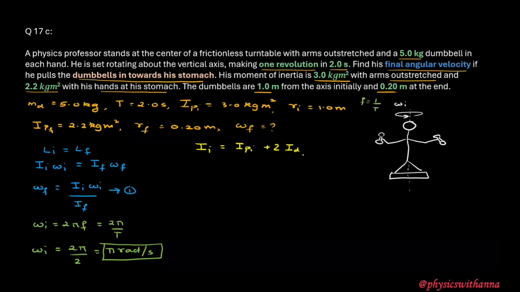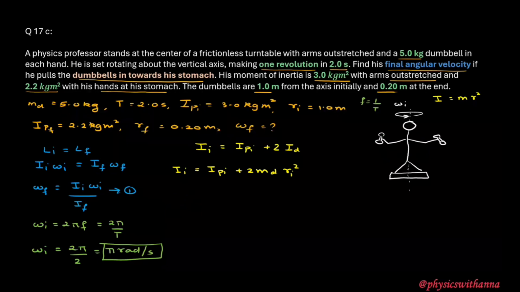Then how do we calculate the moment of inertia of the dumbbell? We can treat each dumbbell as a point mass, and we know the moment of inertia of a point mass is m r squared, where m will be the mass of the dumbbell and r will be its initial position. So we can write I initial equal to Ip initial plus 2 times mass of dumbbell times r initial squared.